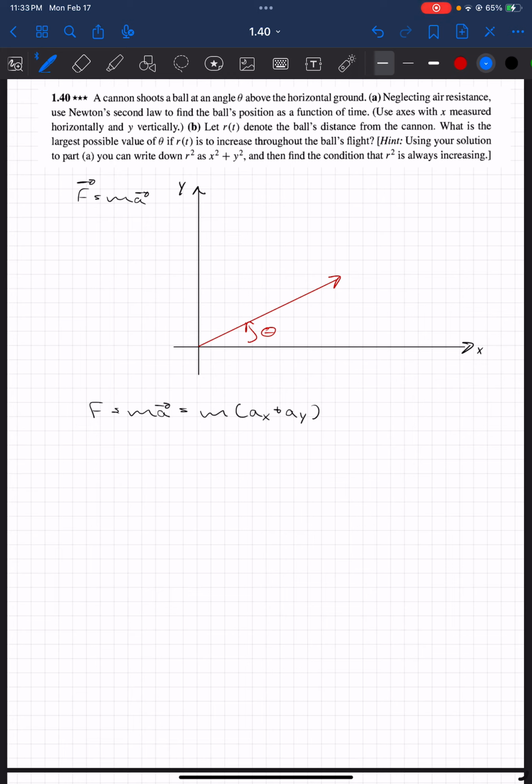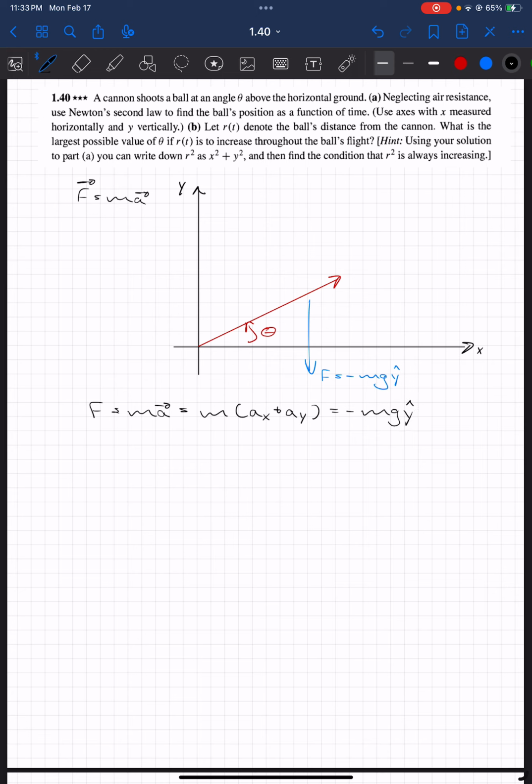So it affects the ball in a negative y hat direction, directly down, if we consider up as our positive y-axis direction. So force is equal to negative mg y hat, which we can write out as our x and y components, negative mg y hat.